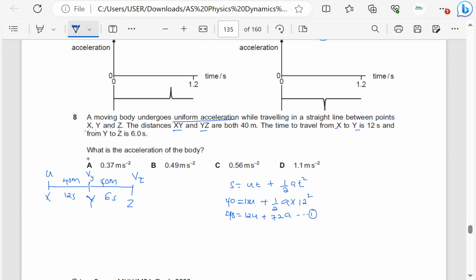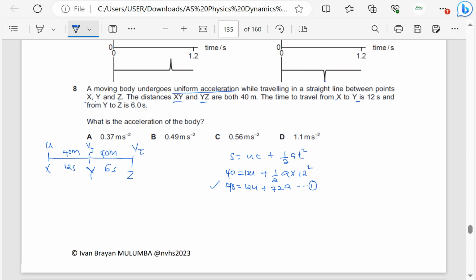Then for the second equation, I'm going to consider it again starting from the same position x, but this time reaching z. So the distance is going to be 40 plus 40, which is 80. The time is going to be 12 plus 6, which is 18. So it is 18 seconds times u plus a half times the acceleration, the time is 18 squared.